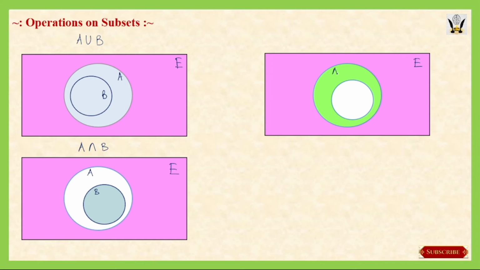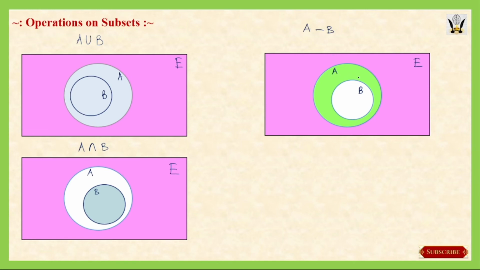So this is our A and this is our B, and what we are performing here is the difference between A and B. And we know that when we perform the difference between A and B, we will consider only those elements which belong to A, but they don't belong to B.